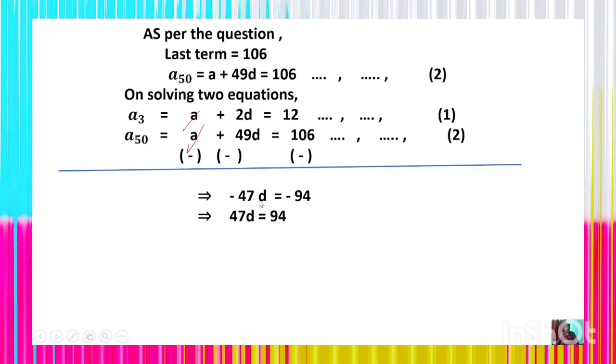Since both sides carry a negative sign, we make them positive: 47D is equal to 94. Then D is equal to 94 by 47, which is 2. Thus, the common difference of the AP is 2.